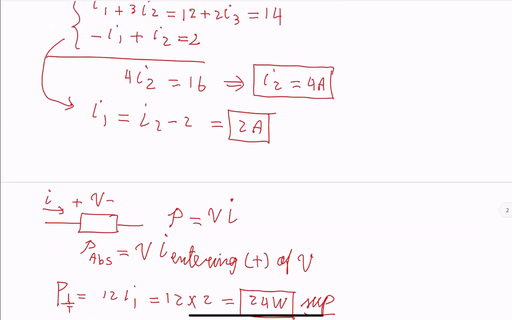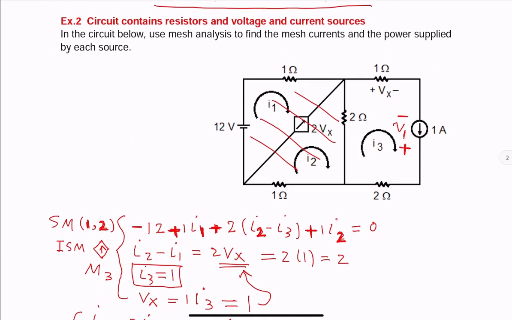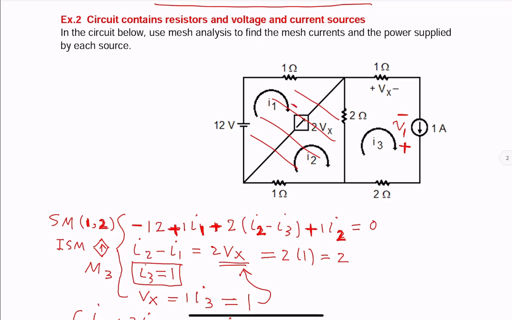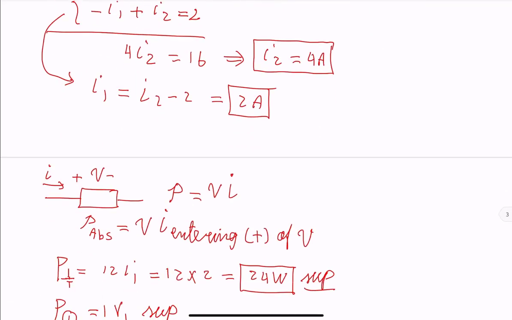For the dependent source, for supplied power, we need the voltage here. Let's call it V2. Then current is exiting the positive side, so V2 times 2Vx gives us the supplied power directly.